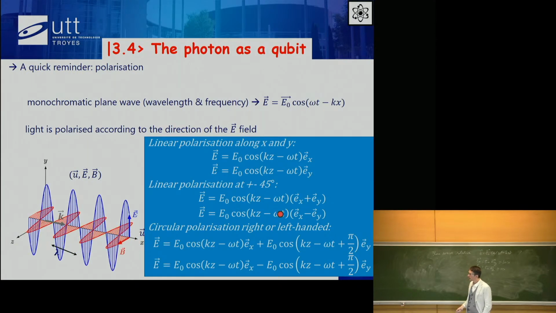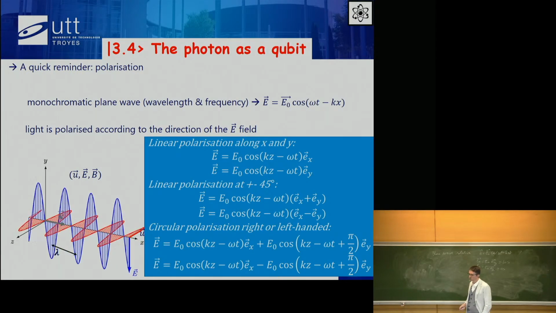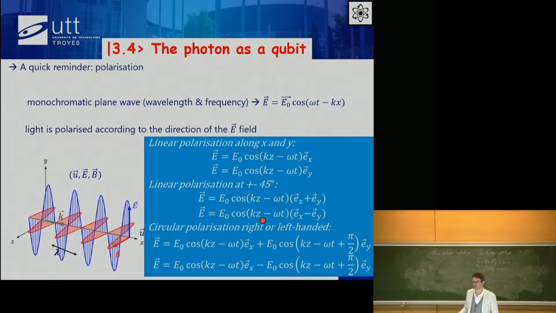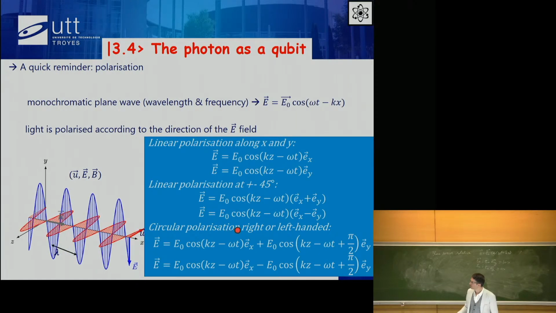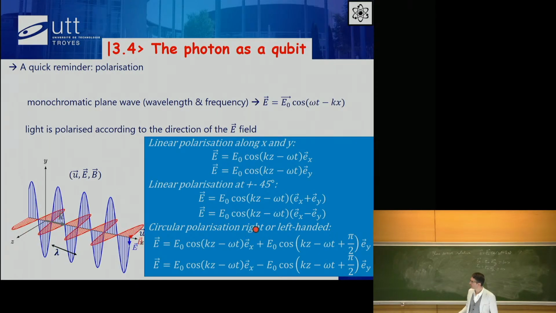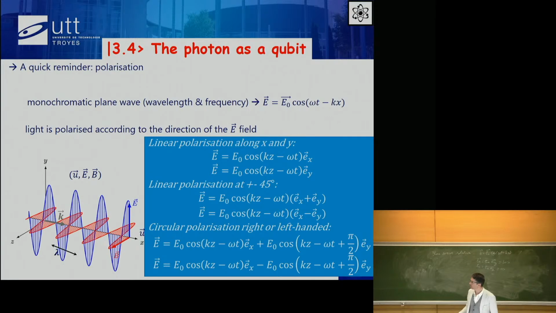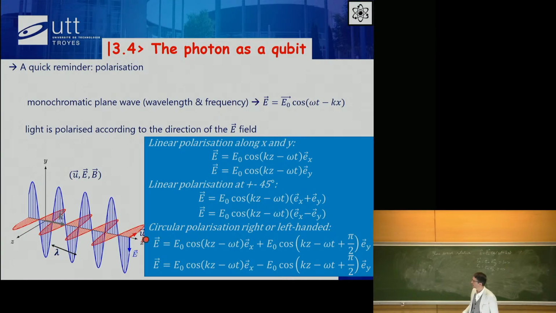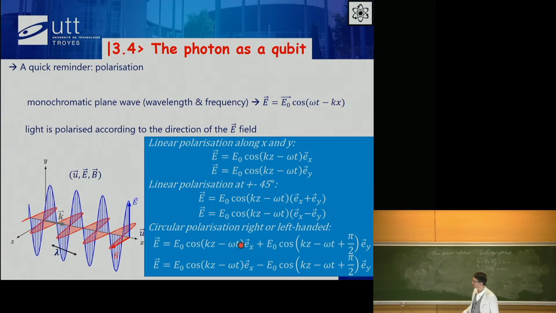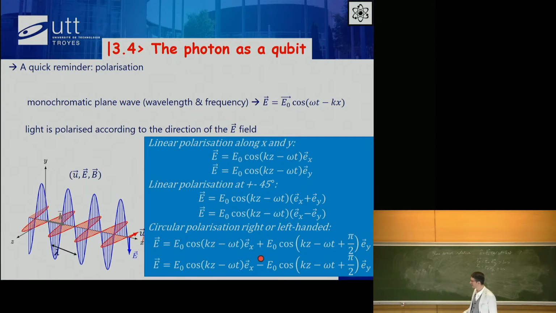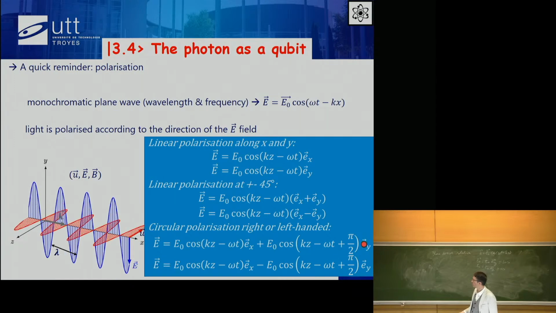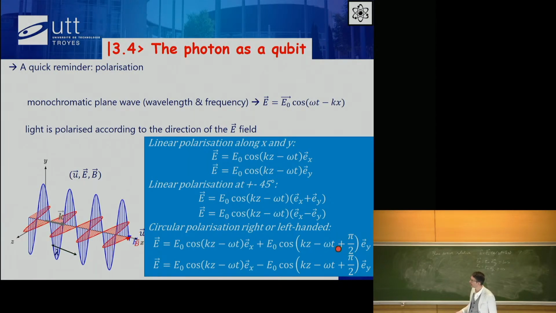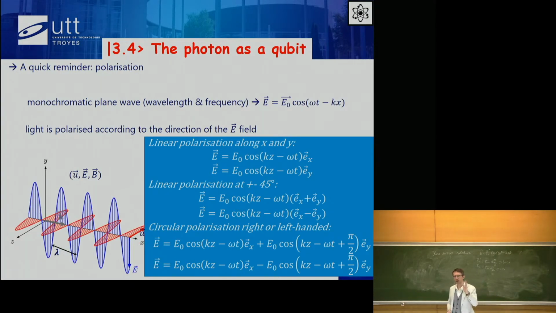But I can also have something very interesting in light, which is circular polarization. I can have a circular right polarized state, right-handed or left-handed. If I write my electric field that way, I have the Z component plus the Y component, which are the same, except that here I added a phase of pi over 2.